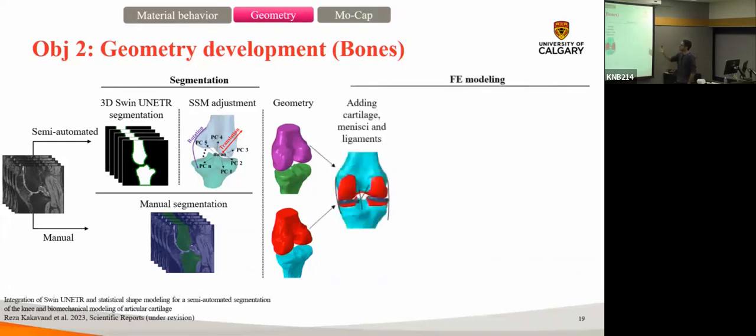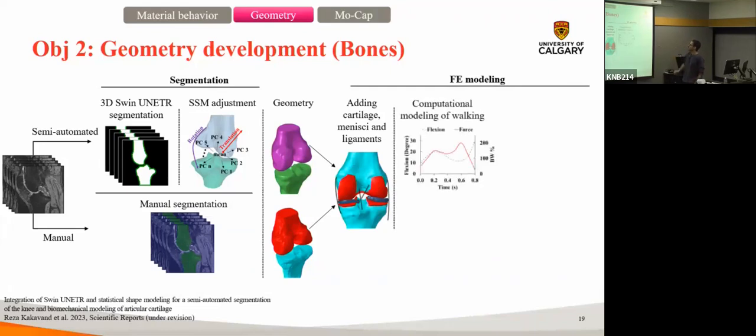Then we add cartilages, menisci and ligaments to this. So ligaments, menisci, and cartilages are the same in both models. We perform the simulation of walking or gait, and then we compare the mechanical results.